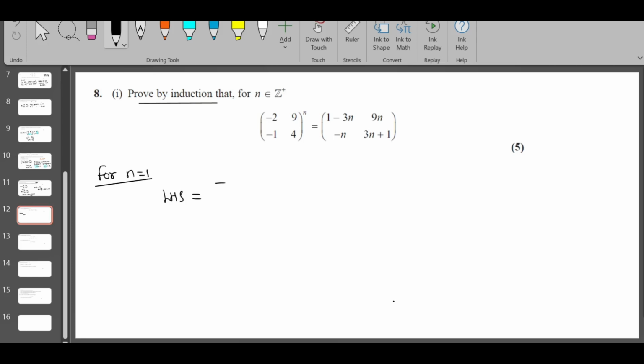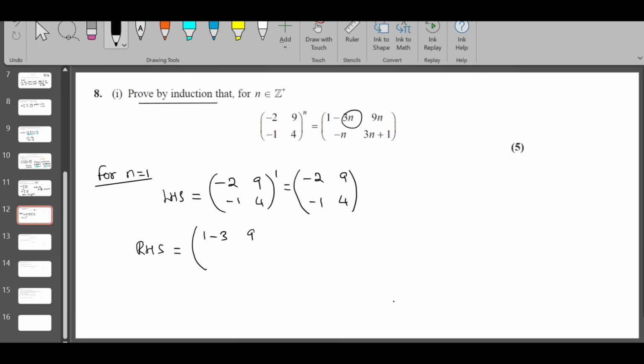You will get minus 2, 9, minus 1, 4 to the power 1, which is minus 2, 9, minus 1, 4, right? It's the same matrix. Let's find the RHS now. Replace n by 1 here. So you're going to get 1 minus 3, 9, minus 1, 3 plus 1, which is equal to minus 2, 9, minus 1, 4. You are getting the same matrix.